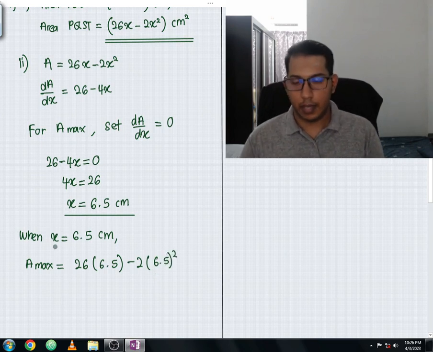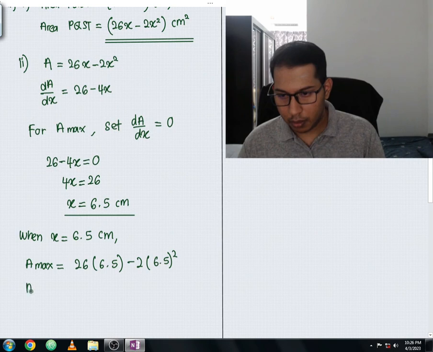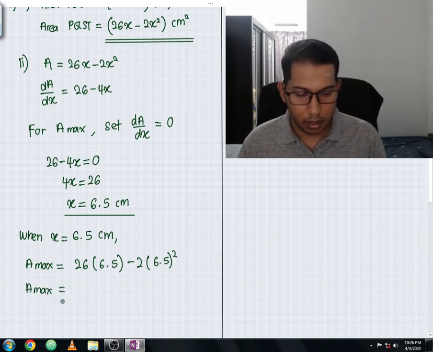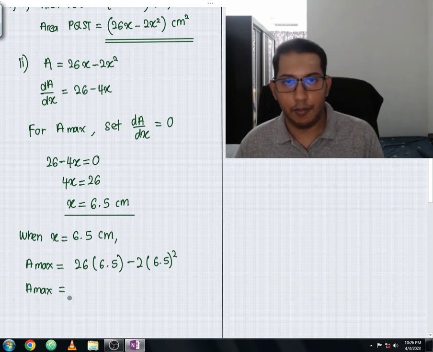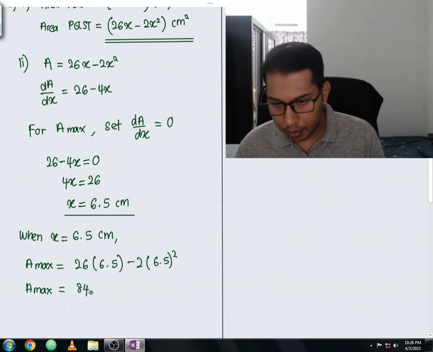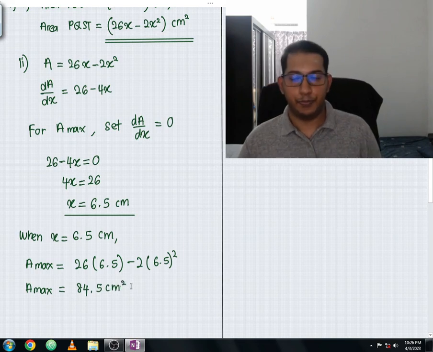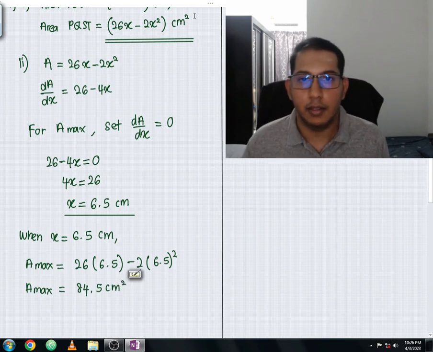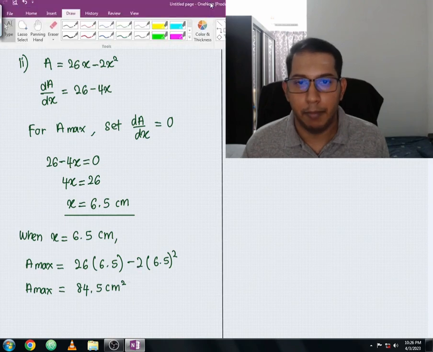Okay, so you calculate this. You should get your maximum area is 84.5 centimeter square. Okay, so let me underline the solution for the question part A part 2.